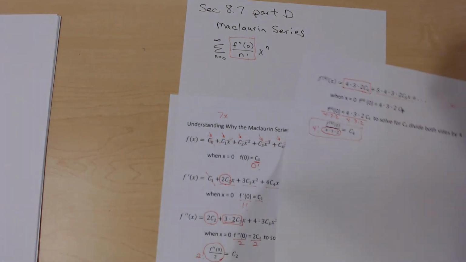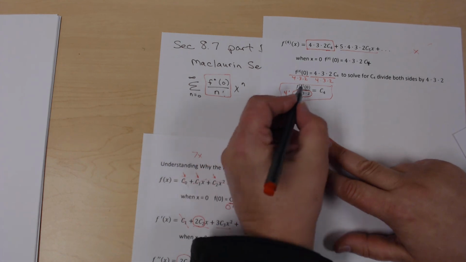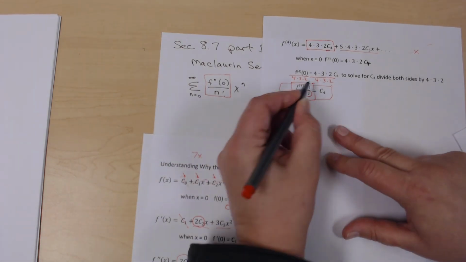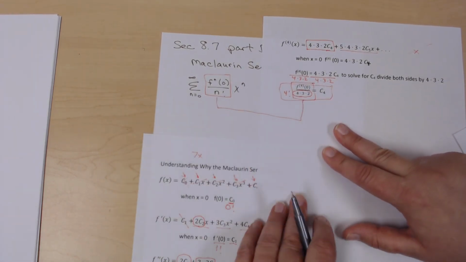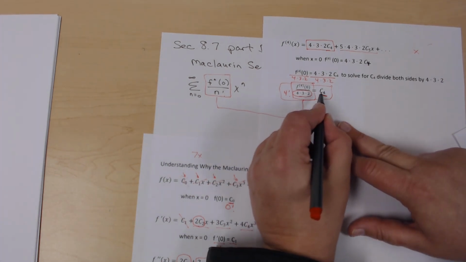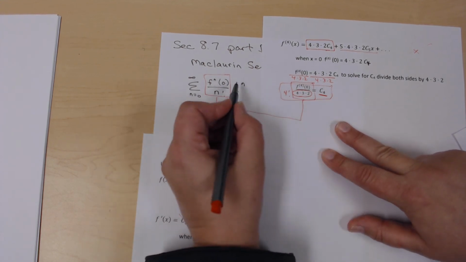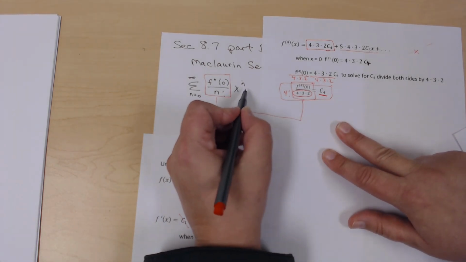Maybe the best way is to compare, let's make sure you can see it, this here compares to that there. Okay, and what am I finding? I'm finding the coefficient, and if this was 4, I'm finding the coefficient of x to the 4th.